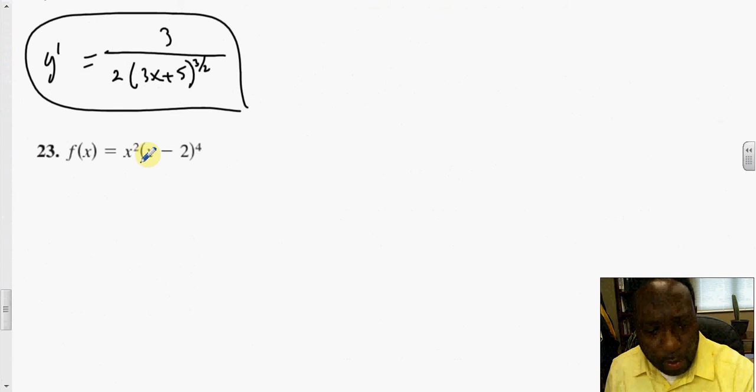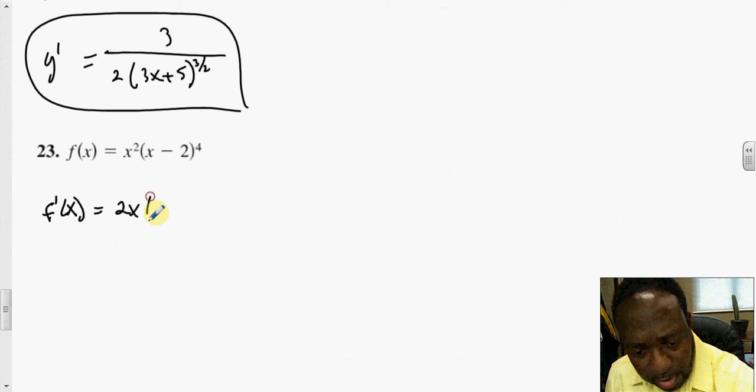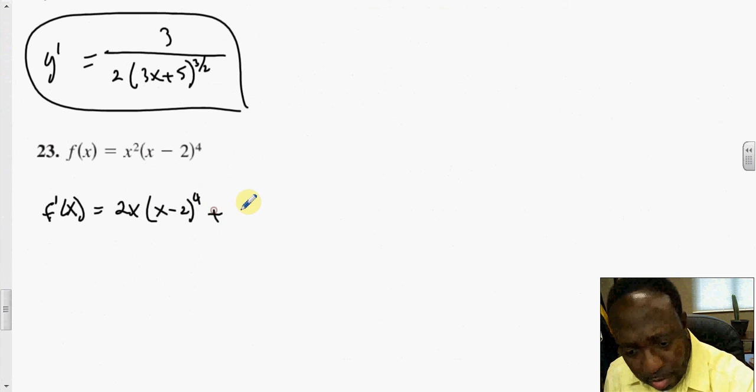For this problem, we use a combination of the product rule and the chain rule. So f prime of x is equal to the derivative of the first, which is 2x, times the second, x minus 2 to the fourth, plus the first times the derivative of the second, which is based on the power rule.